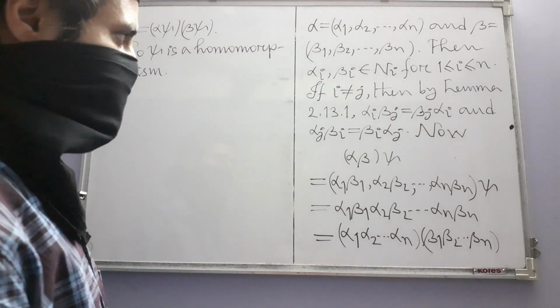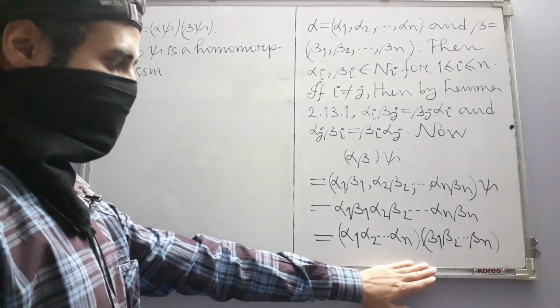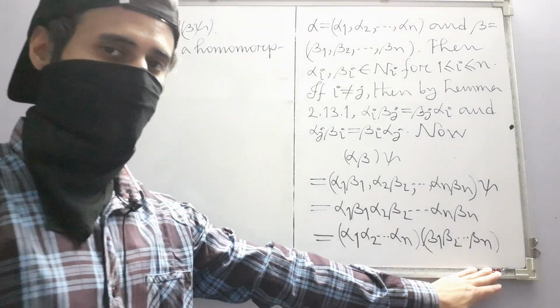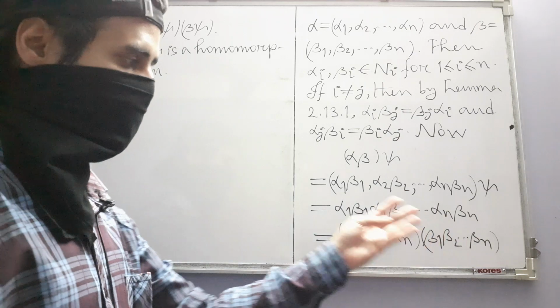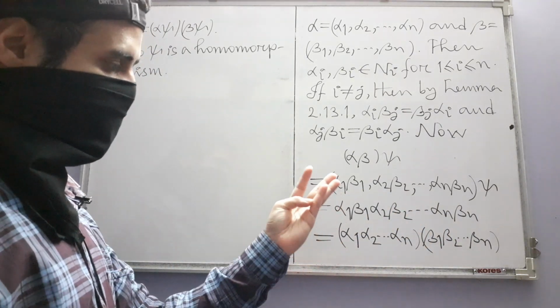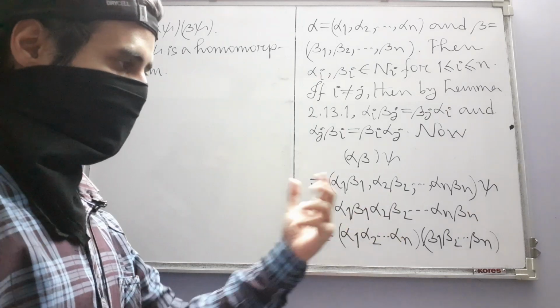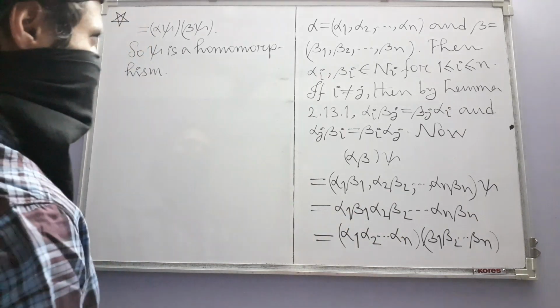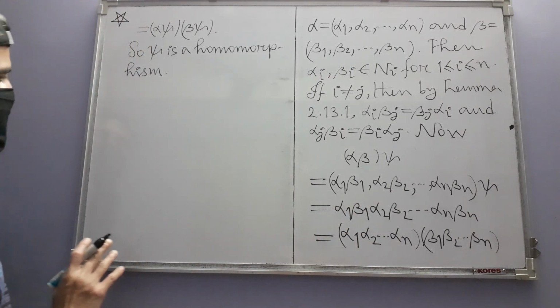All right. So all that we are left to show is that psi is 1 to 1, because we have already shown that it's, well, of course it's well defined, then onto, and now we have shown that it's a homomorphism. So 1 to 1ness is still there.